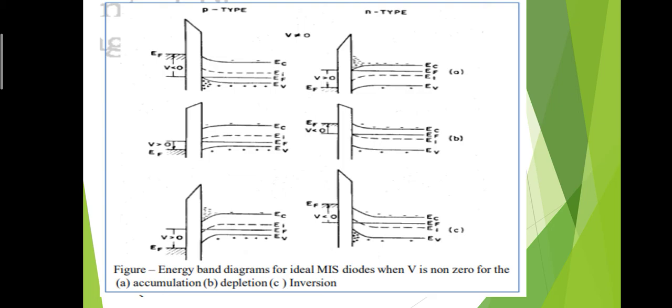But in the accumulation stage the situation is reversed because there is a negative voltage, that is, band bending takes place in the downward direction for the p-type material and opposite for the n-type material, that is, in the upward direction there is band bending. So this is the situation when we apply the negative voltage, a small amount of positive voltage and a large amount of positive voltage for p-type and n-type material. So this is the case.